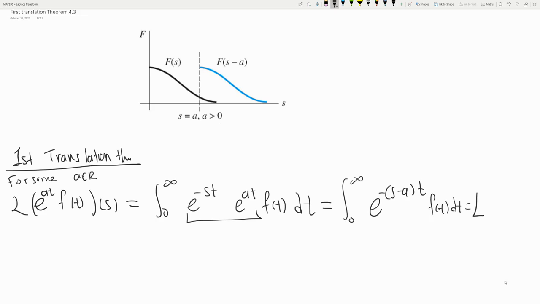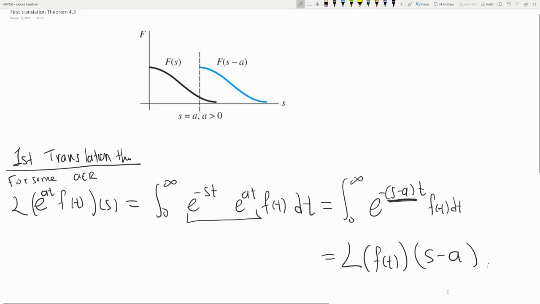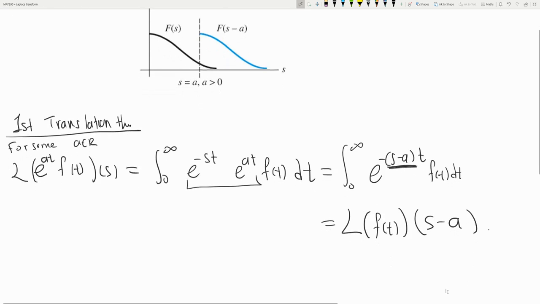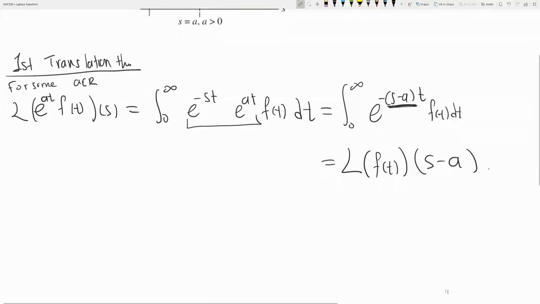And this is nothing else but the Laplace transform of the function f of t, but now you shifted s. Okay, so that's it. And now let's do some applications.